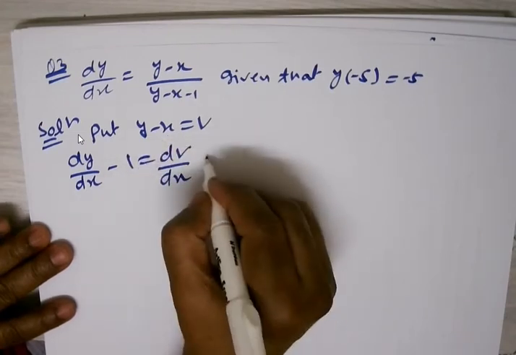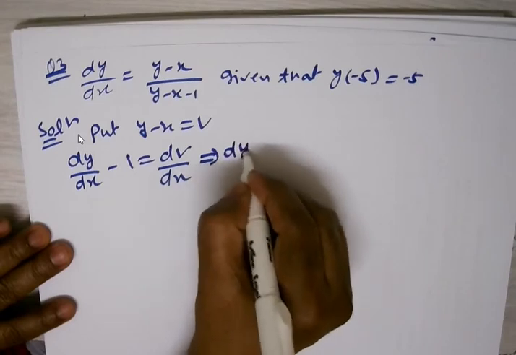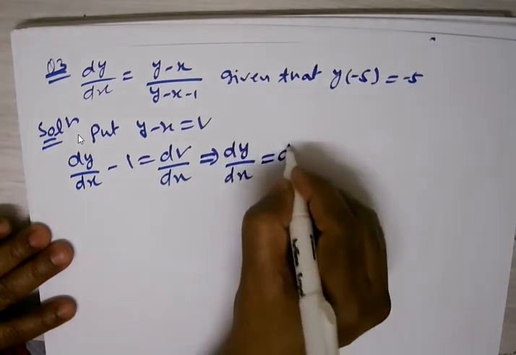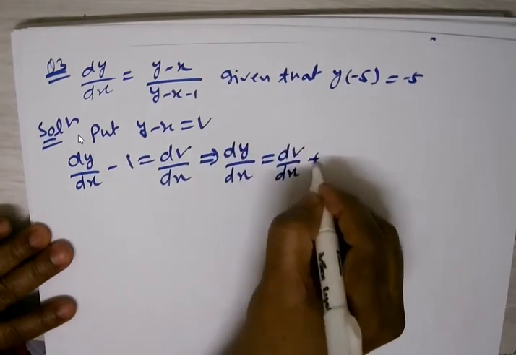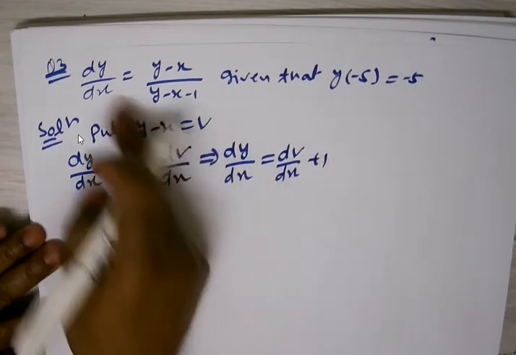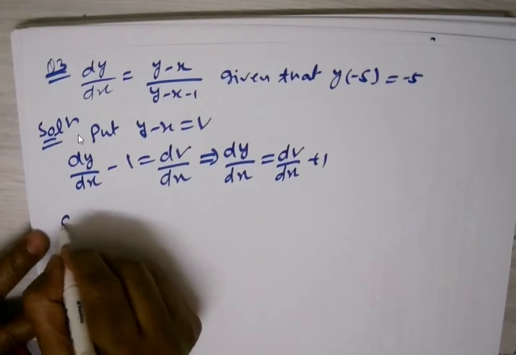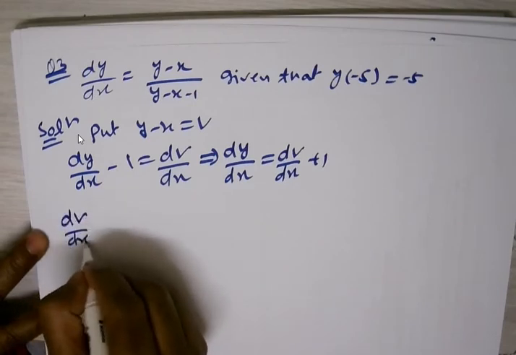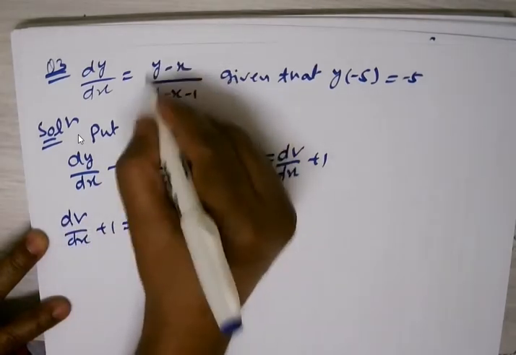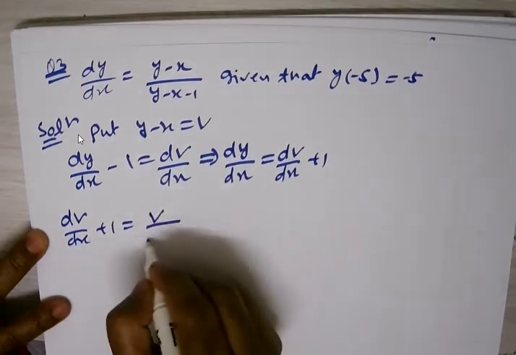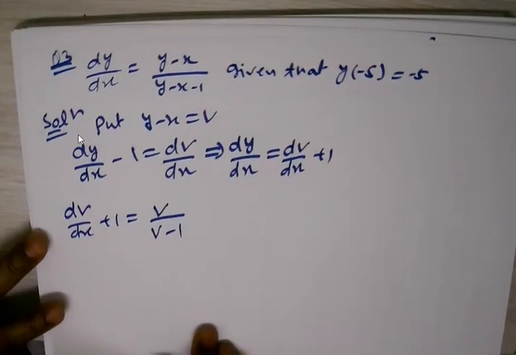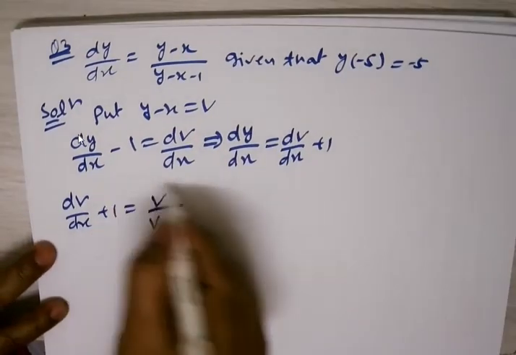Therefore, the value of dy/dx is dv/dx plus 1. Now check the value of dy/dx from this equation. The value of dy/dx is dv/dx plus 1. Y minus x means v minus 1. Just simplify it. Simplify means replace this one here.